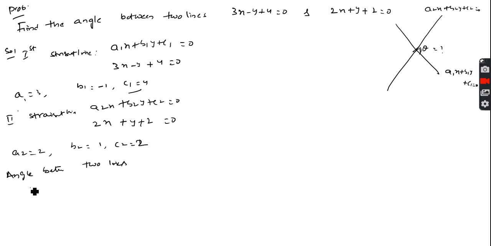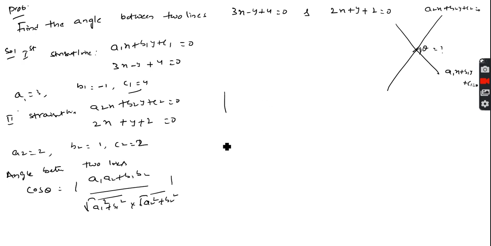The formula is cos theta equal to (a1 a2 plus b1 b2) divided by root of (a1 square plus b1 square) into root of (a2 square plus b2 square). So we substitute these values.